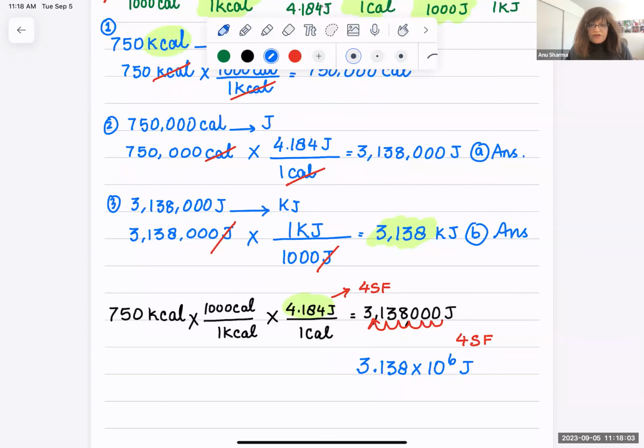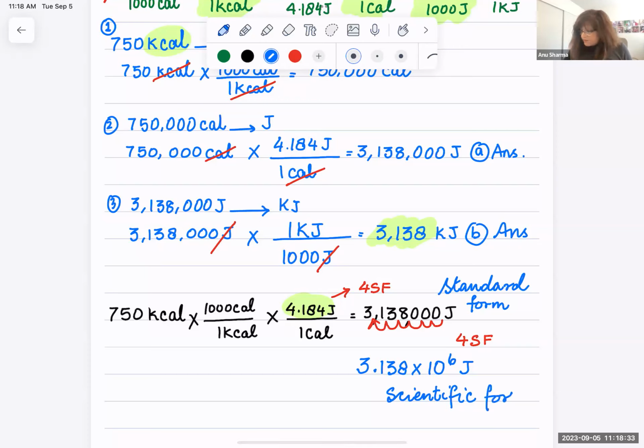Just don't drop those 3 zeros, because that's going to change the value of the number. In scientific form, yes, because you need those 4 significant figures, all those places after the decimal are needed to make it 4 significant figures.